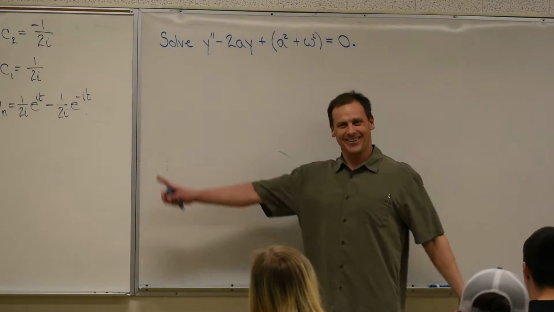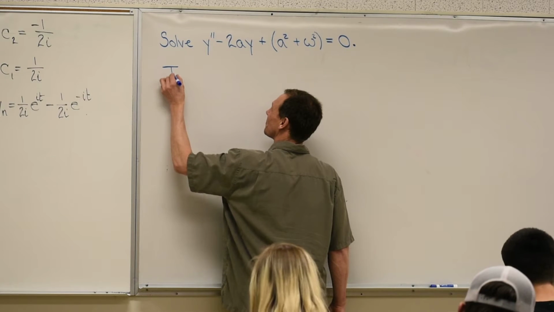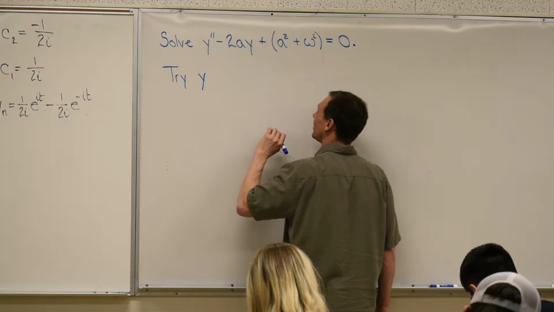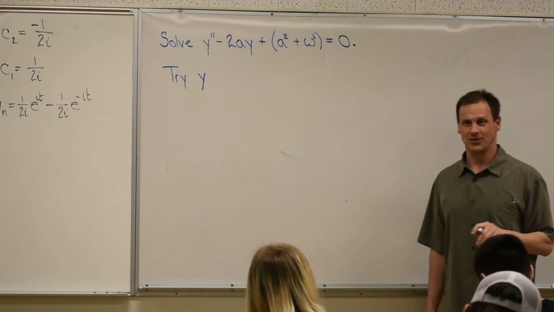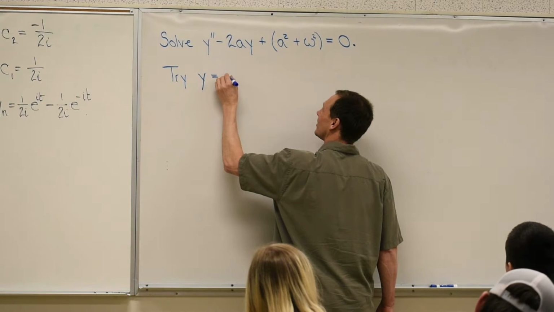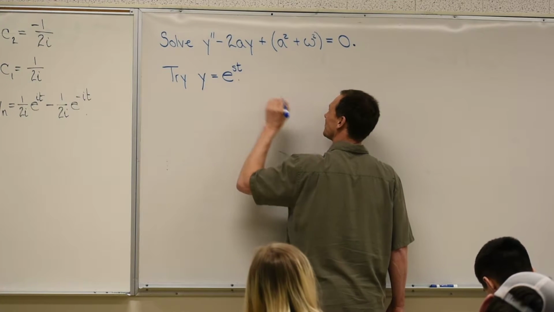What are we going to do? We're going to try the exact same thing. I'm not going to write y null. In this case, we only have a null solution, so we'll say y. We'll try y equals e to the s t.